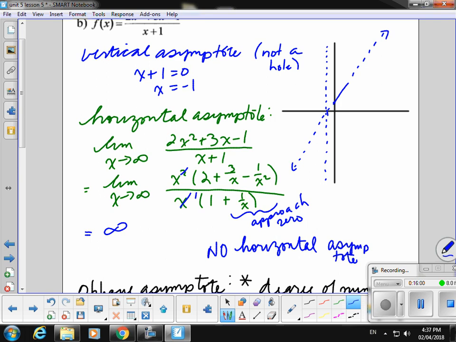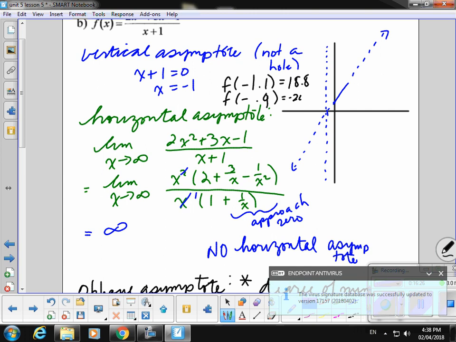And I'm going to just look to the left and right of this -1 value. I'm going to look at the function at -1.1 and at negative decimal 9. I get 18.8 and -20.8.